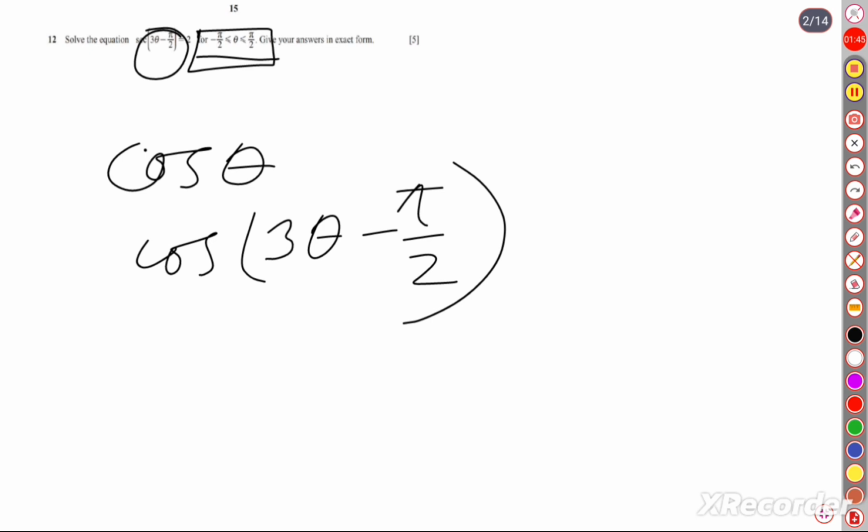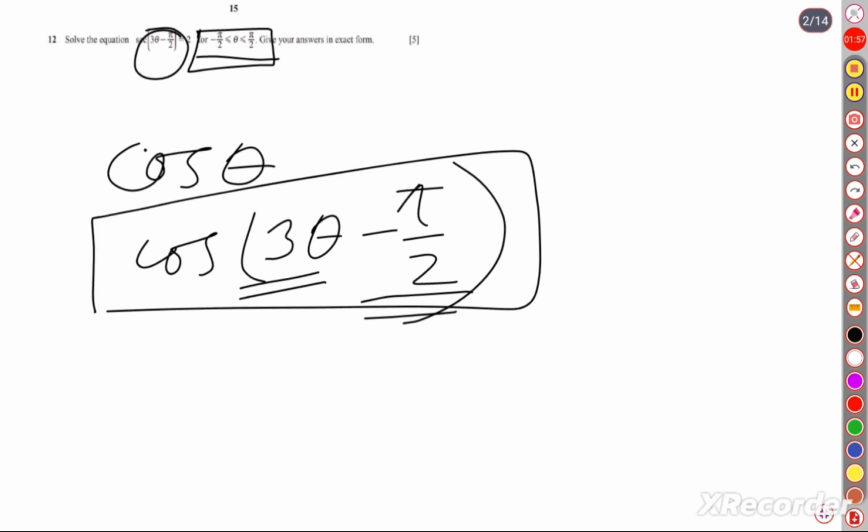First it was enlarged by scale factor 3, then it was translated to the right by π/2. So this is not a simple cos graph, it is a transformed cos graph. In this case, first of all we will have to find the domain.